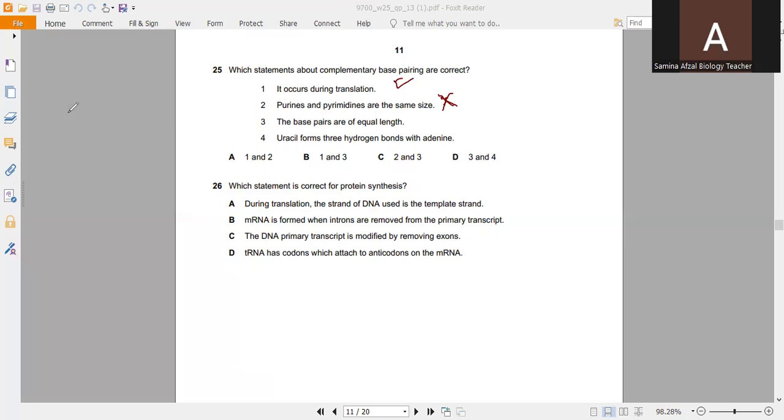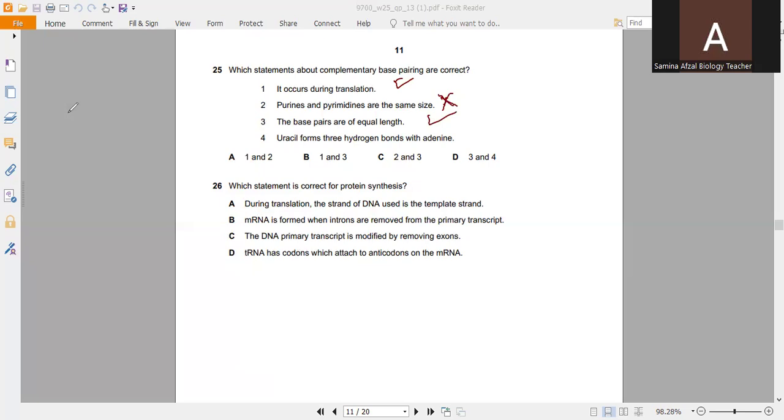But the base pairs are of equal length. This statement is correct because a complementary base pair always consists of one purine and one pyrimidine bonded together. So the total length of each base pair remains constant. This maintains the uniform width of the nucleic acid structure. So this is the correct statement.